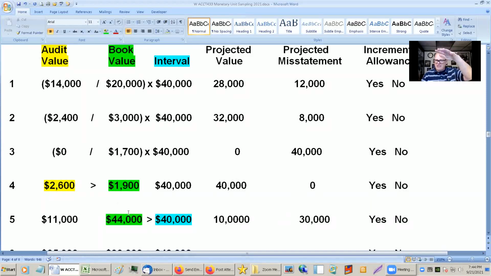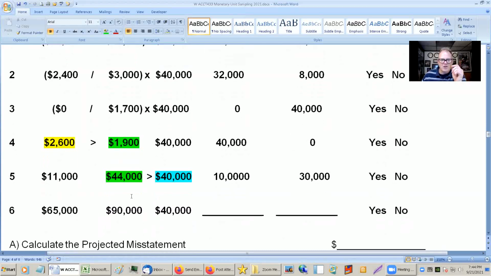It's sort of like the opposite of sampling. In sampling, you take a small amount and drift over the larger. This time you're taking the larger and then squeezing it down into the interval. So this will be the actual misstatement. Whenever this is larger, you do the actual misstatement.